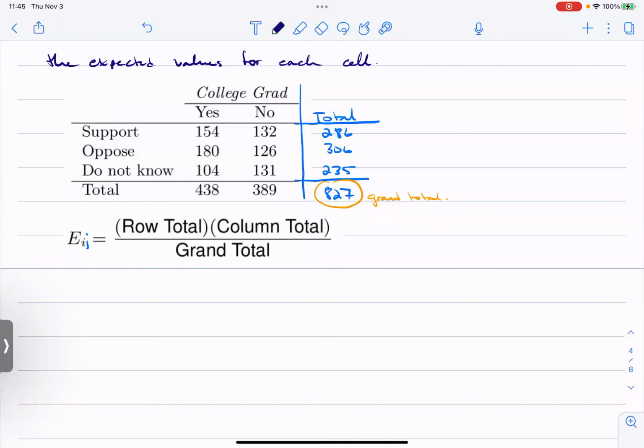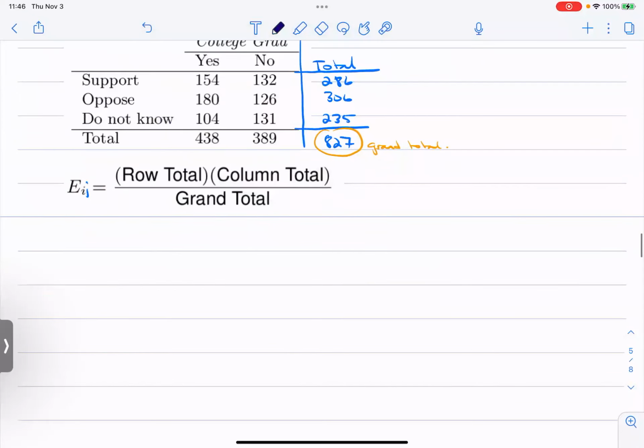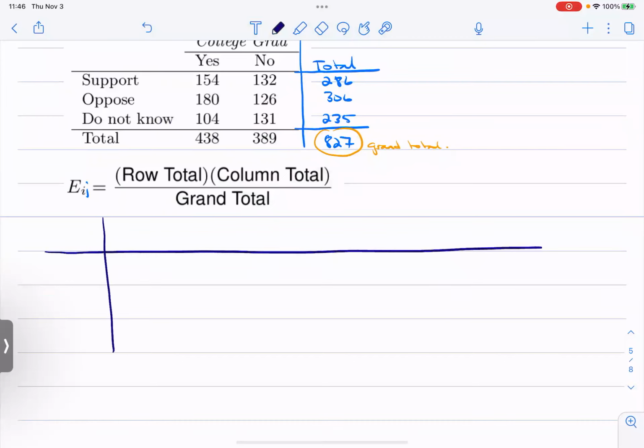So what I like to do is sometimes I'll just do the calculation and scribble the expected value beside this number, but it's our first time doing this, so I'm going to give myself lots of room here and say these are the expected counts in support or opposed or do not know. And then I'm going to have the yes group and the no group.